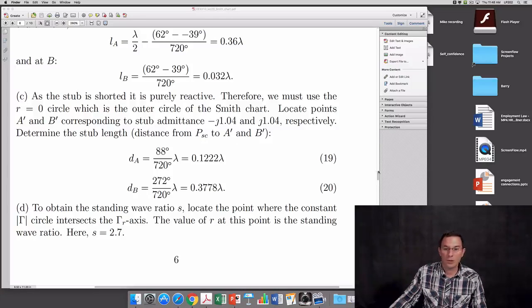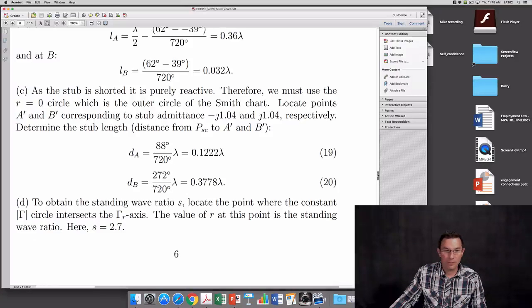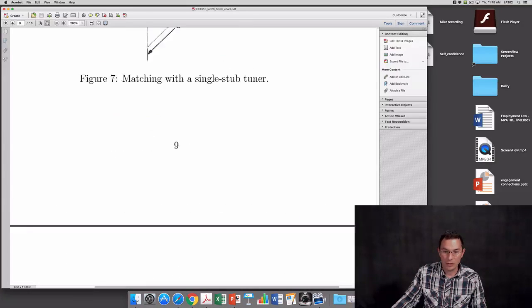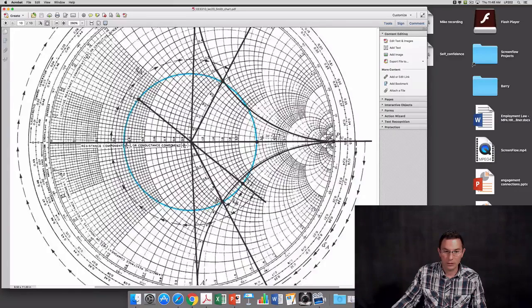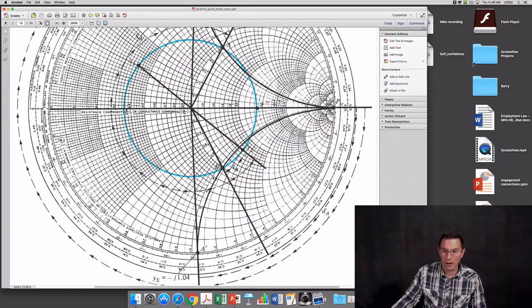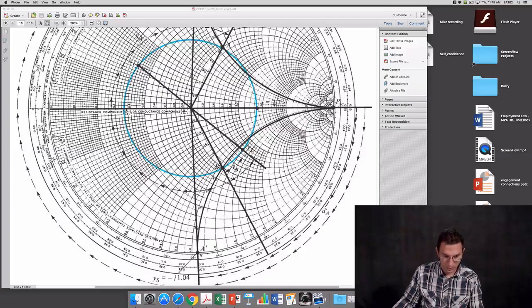Okay, so let's look. A prime, that was the point that corresponded to minus j1.04. Let's look at that again. Okay, here we go. Yeah, this is minus j1.04. So in order to see how electrically long the stub section needs to be, it's just the angular difference between the short circuit and A prime right there.